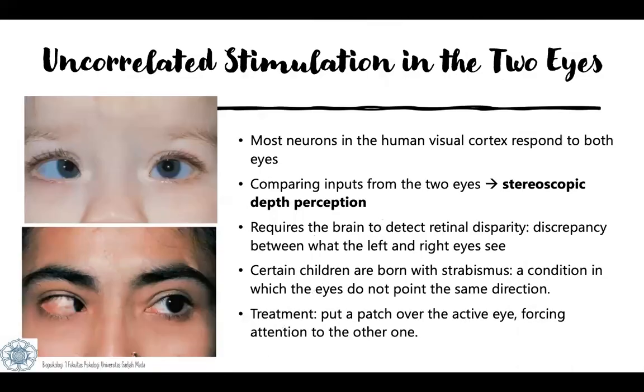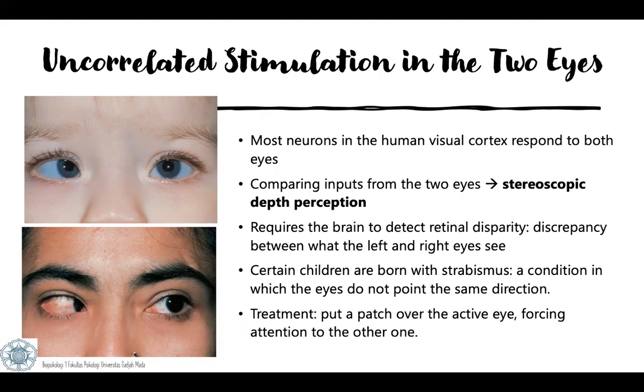But what happens if uncorrelated stimulation reaches our eyes? Most neurons in the human visual cortex respond to both eyes, right? By comparing the inputs from the two eyes, you achieve stereoscopic depth perception.